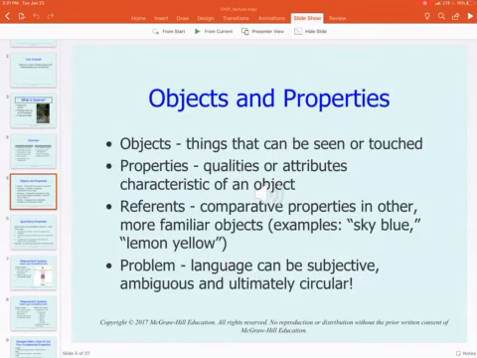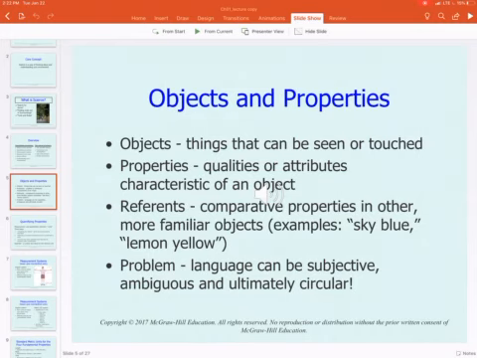Our objects and properties. Okay, so you will need to be familiar with terms that you see in this PowerPoint. These will be on possibly quizzes, they will be on tests. I realize that this has an audio symbol in the middle of the picture here, but it doesn't work.